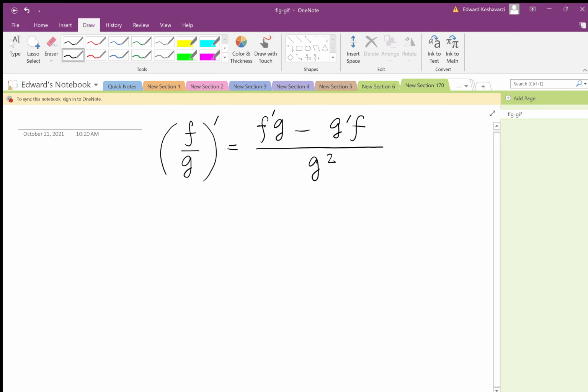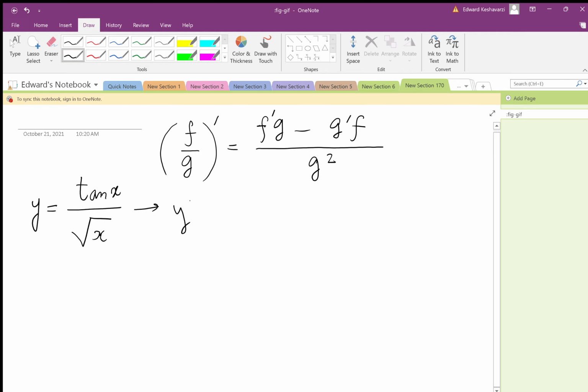Let's have an example. If y equals tan x over square root of x, tan x can be considered as f and square root of x as g.